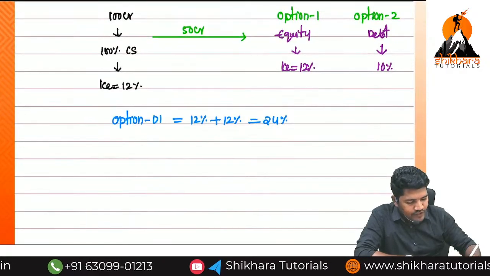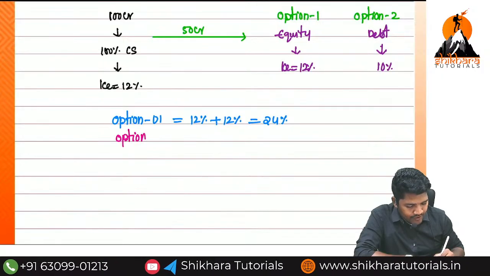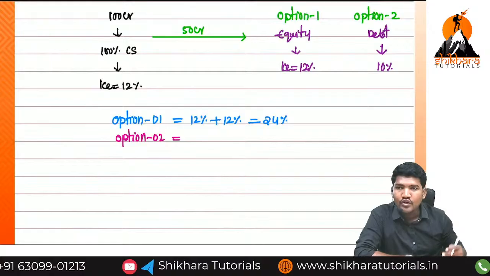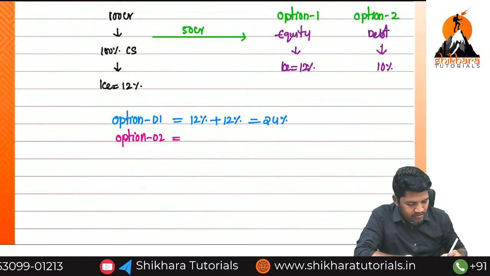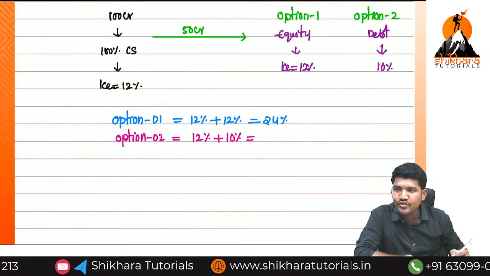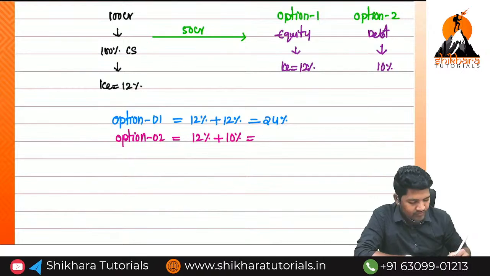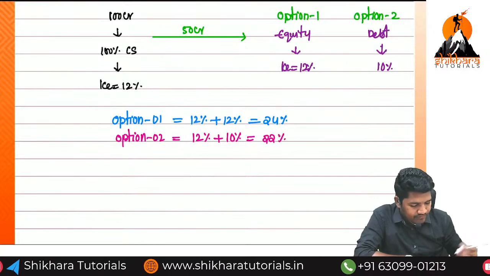For example, if I choose option 2, how much do I need to pay at year end? 12% to existing shareholders plus just 10% to the new holder, the debenture holder. Totally how much? 22%.